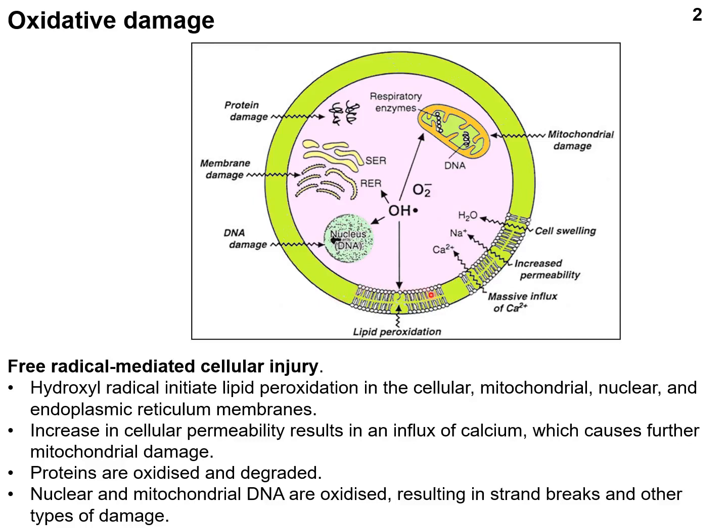And if it's sufficiently severe, then you can have leakage of molecules such as calcium into the cell, sodium in the cell, and that can end up causing cell death by necrosis. Other targets are proteins, so we can have damage to respiratory enzymes, for example, damage to cellular proteins, and also damage to other cellular components as well.